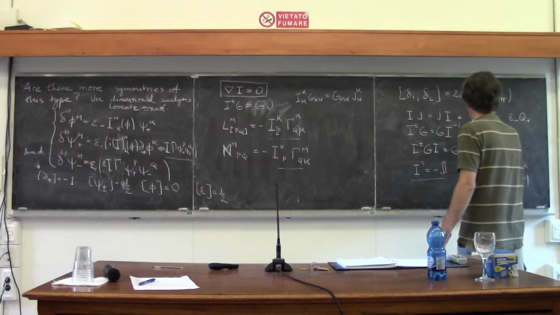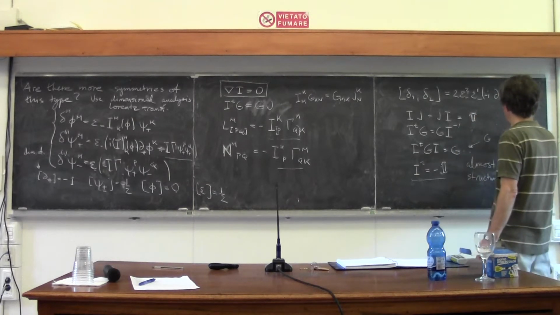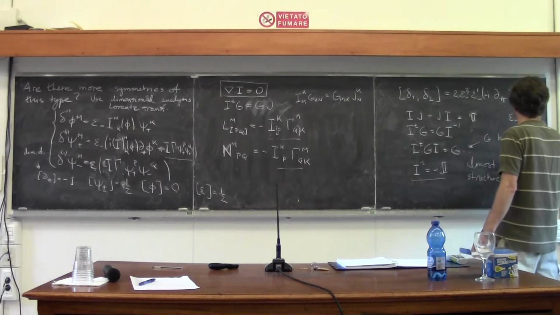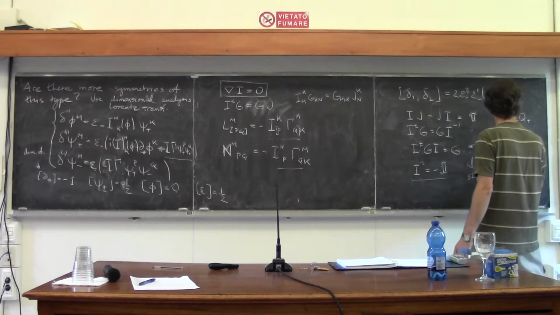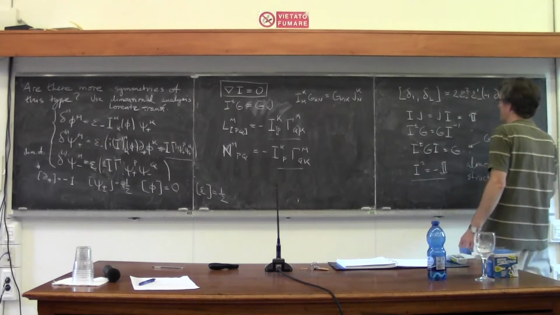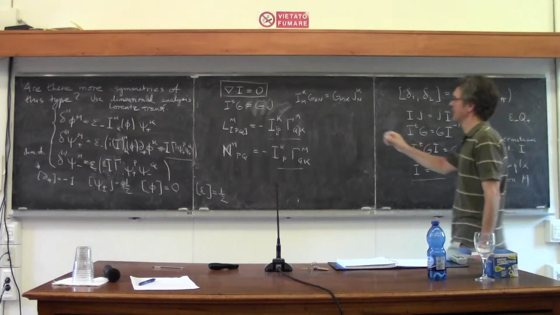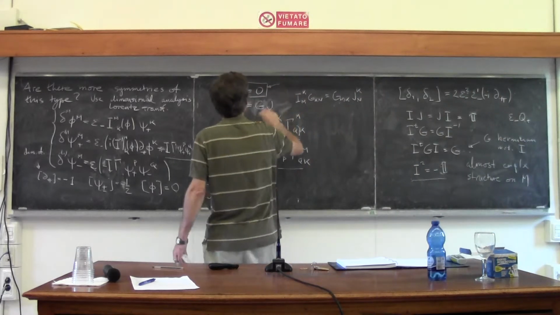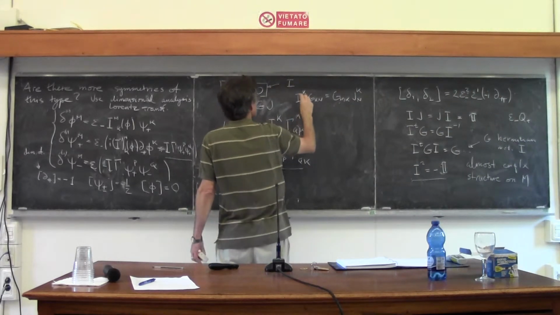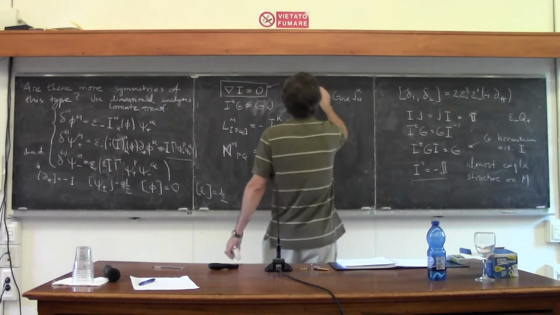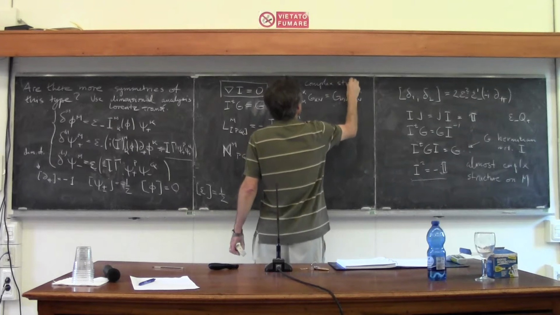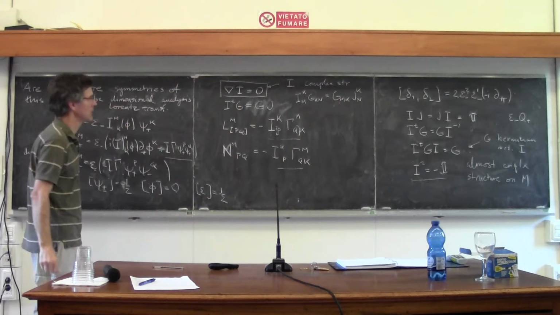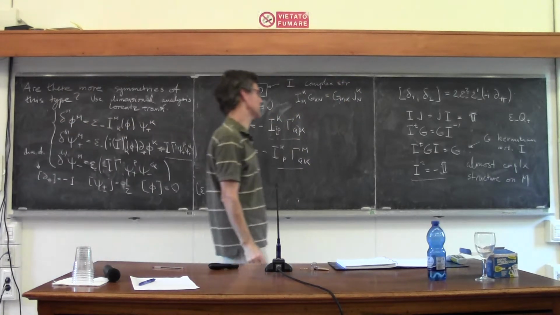This tells us that G is Hermitian. This tells us that I is integrable, so I is a complex structure.